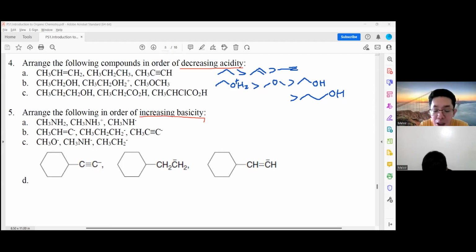You start first with the most acidic one, followed by the intermediate acidity, then the least acidic. Yung mga interfere tong chlorine.